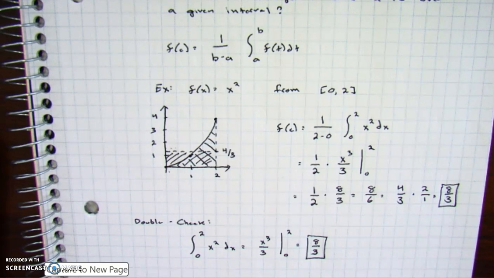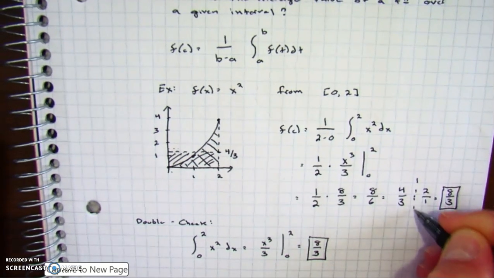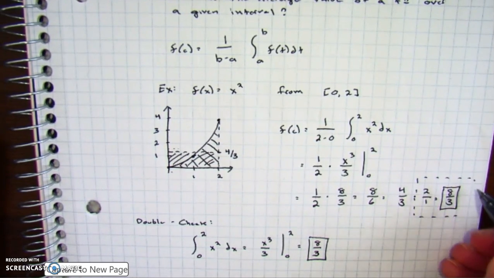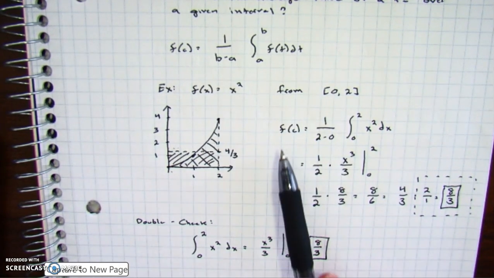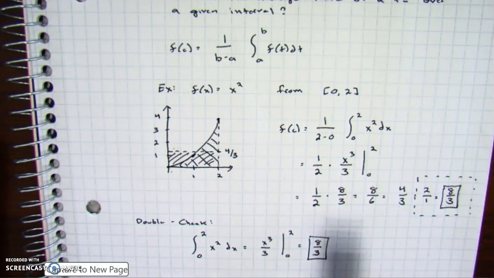This is sort of separate, so don't get confused when you're looking at your notes. When you find f of c, that's just this constant function.